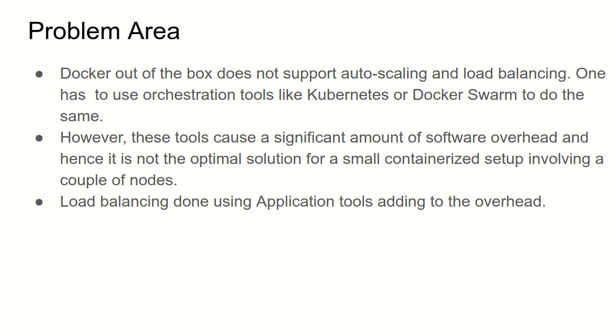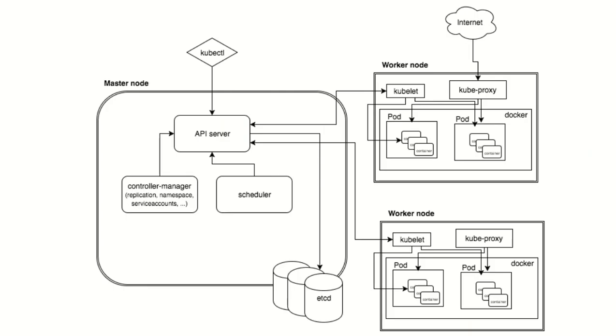There would be manual intervention required. So Kubernetes helped us solve that issue, or Kubernetes or any other Docker container orchestration tool. But the problem was that these container orchestration tools would cause a significant amount of overhead, and also the load balancing they used to do was using third-party load balancers. So again, that would add to the overhead.